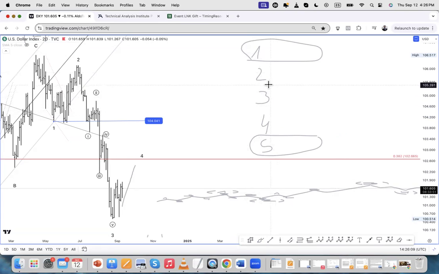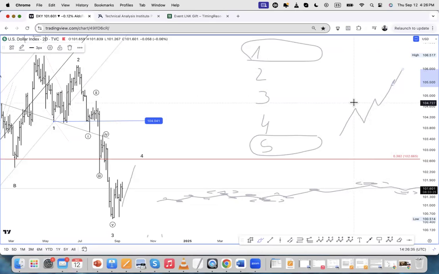Then the next rule. Wave 3 can never be the shortest. So let's say that we have this situation. We have a wave 1, we have a wave 2, and then we have a wave 3, 4, and 5. Can we count this as a 5 wave? Well, no, because they don't follow the rule.